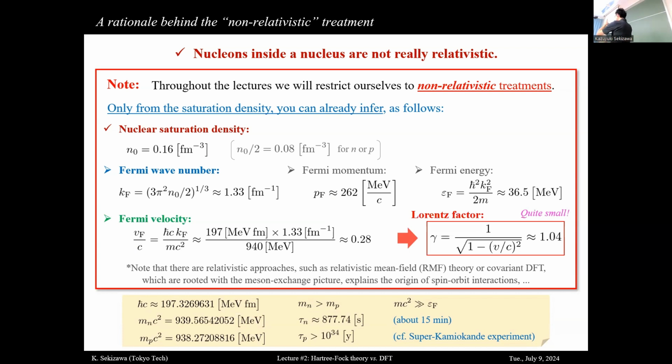So the state dependence and also the spin orbit couplings can originate from the strong interaction, not necessarily the relativistic effect. So anyway, there are relativistic treatments, but in my lecture, I will use the non-relativistic treatment justified by this number.